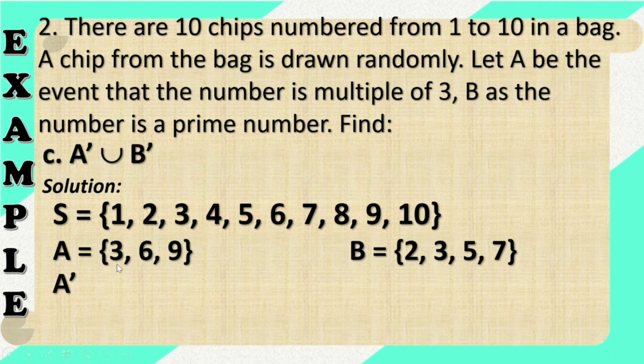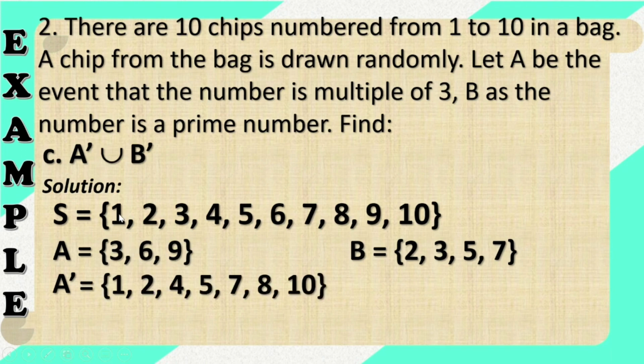Since event A has 3, 6, and 9, the A complement has 1, 2, and we do not take 3 because it is in event A. So, 4, 5, and 6 is also in event A. 7, 8, and 10. We do not take 9 because it is in event A. Therefore, A complement, we have 1, 2, 4, 5, 7, 8, and 10.